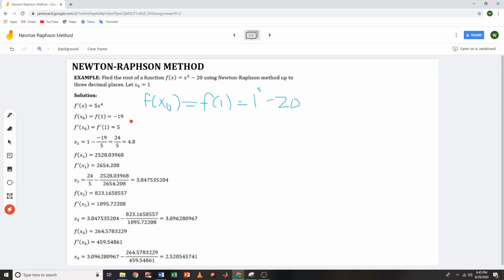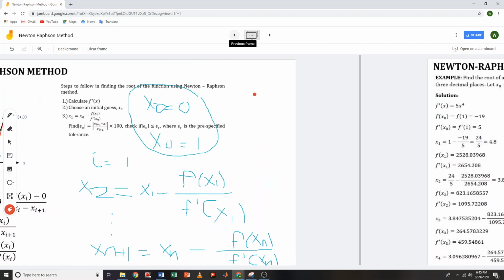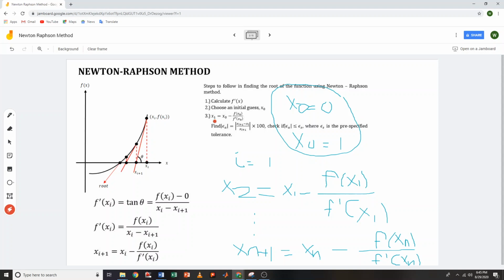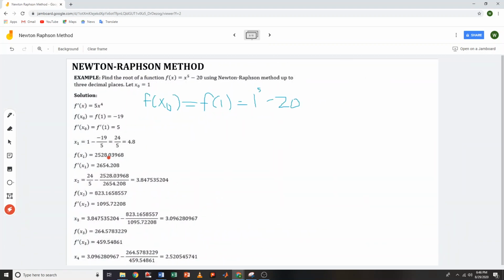Now from the formula, xi plus 1 equals xi minus f of xi all over f prime of xi. So let me write the formula.